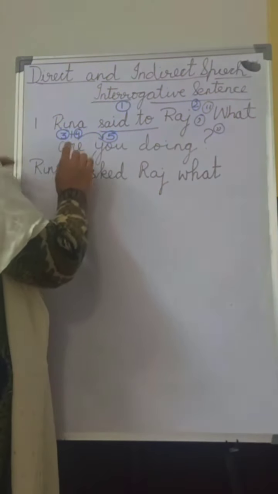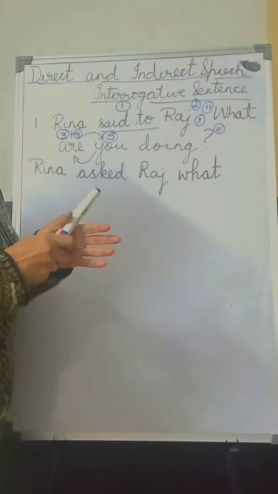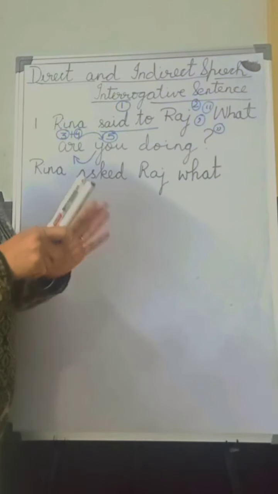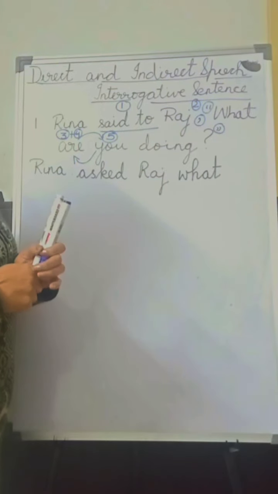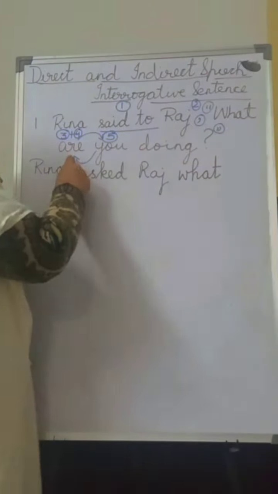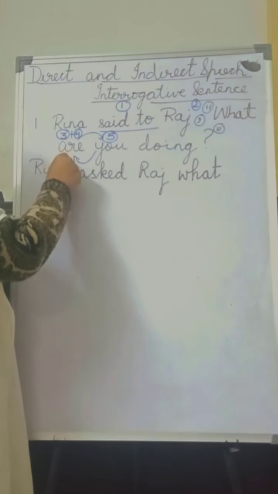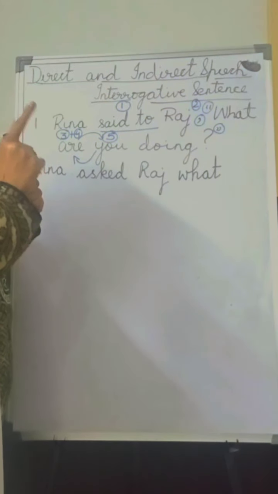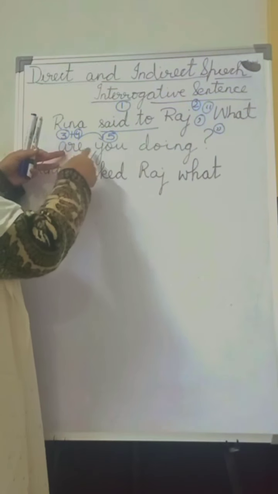Alright. After that, we are going to change the position of the pronoun and the verb, either pronoun or noun and the verb. Why? Because we have to change the interrogative sentence into a declarative sentence. While we are changing the position, we will also change the pronoun, as we have already studied in declarative sentence, direct speech and indirect.